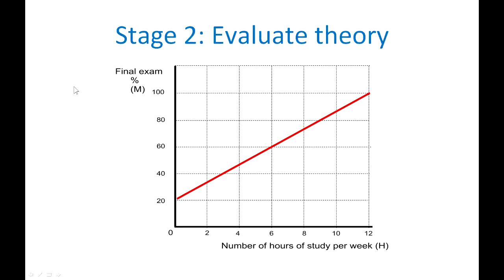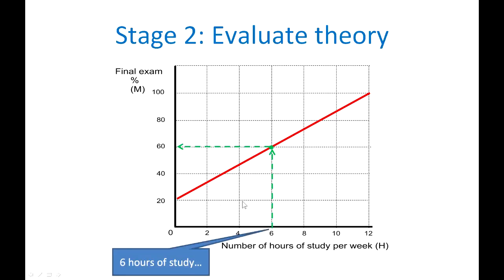Okay, the next stage is to evaluate the implications of our theory. So here's the graph again. We read the graph by saying, all right, let's just arbitrarily take 6 hours, and the graph is suggesting that a student can get 60%.